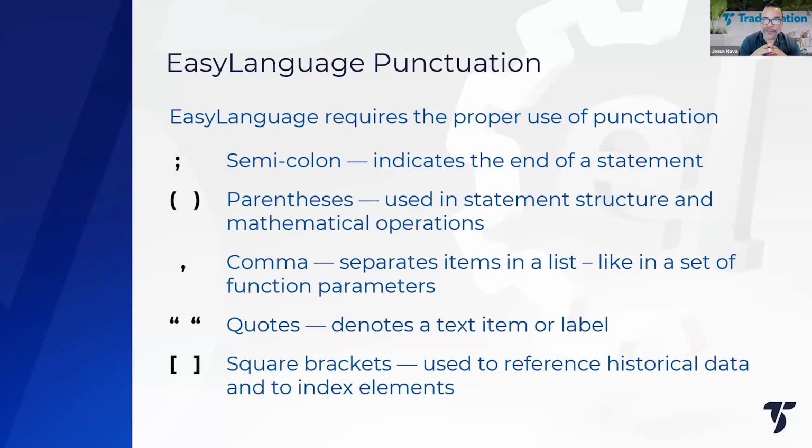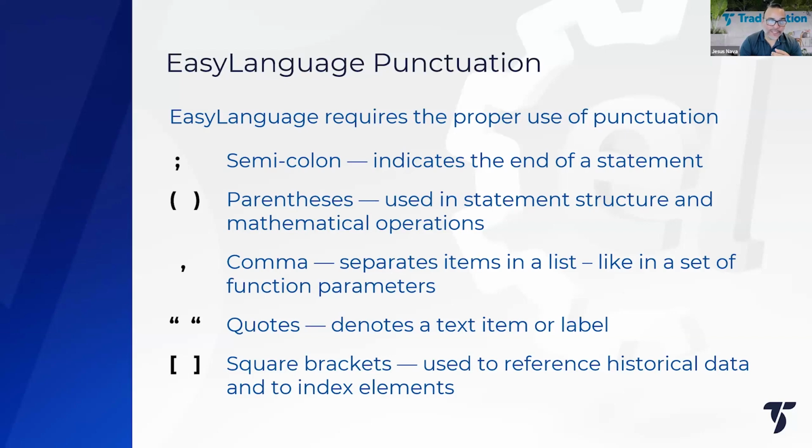Let's suppose you're calculating an average of closing prices, and you have the average right now, which is being calculated in real time. Well, what if you wanted to know the average 10 days ago? Well, square brackets are TradeStation's own way of allowing you to reference historical values of any variable or any word that you may want to look at.